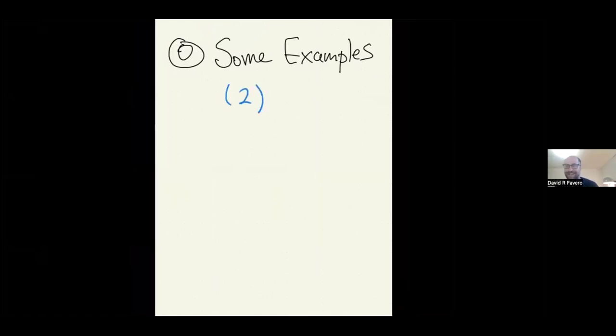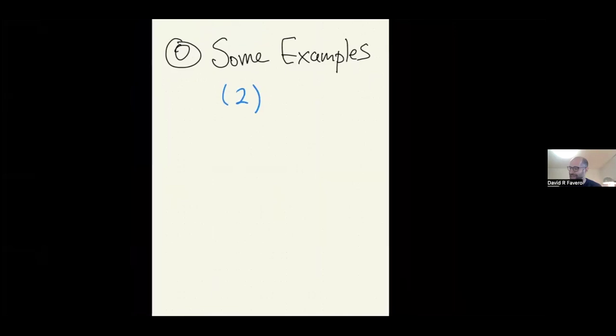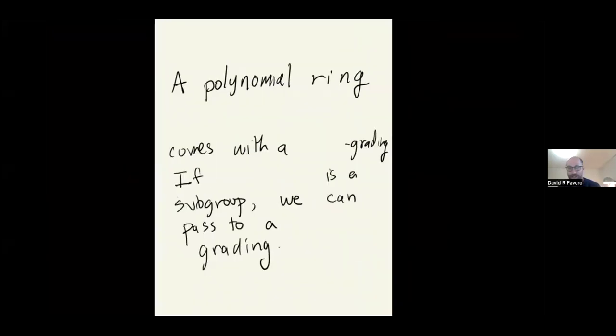I'm going to start with a polynomial ring. So K is some field, and I have a polynomial ring in n variables. That comes equipped with a Z^n grading.